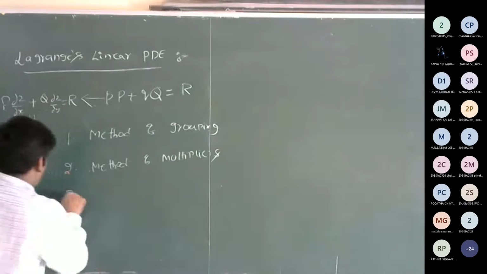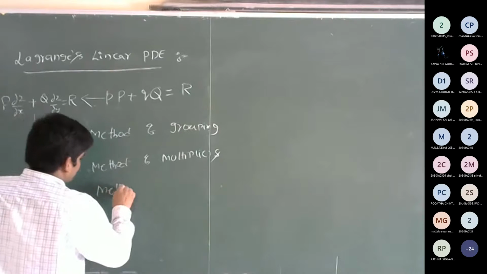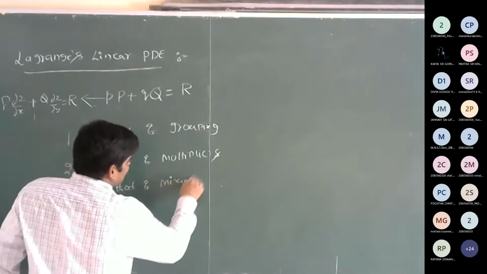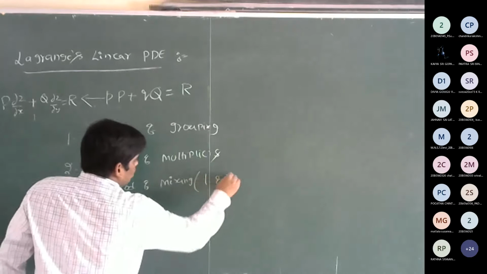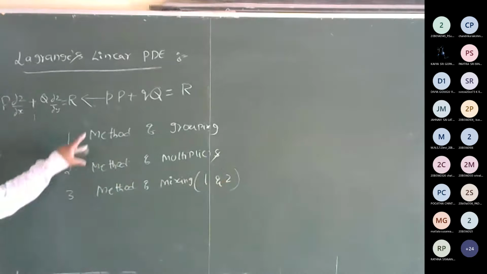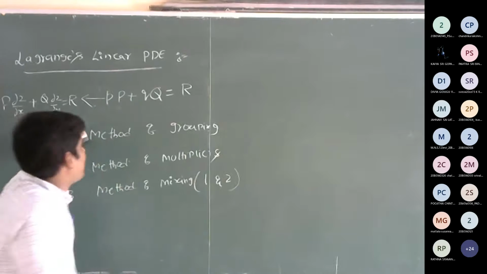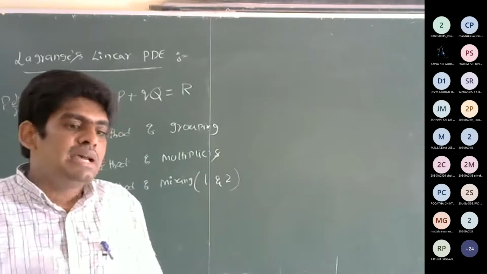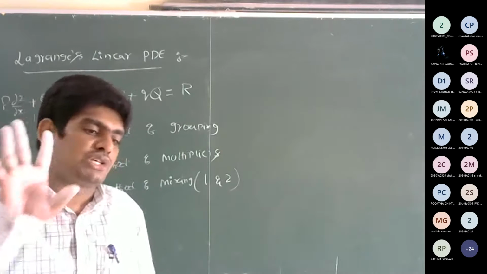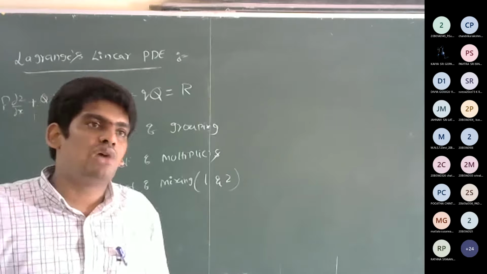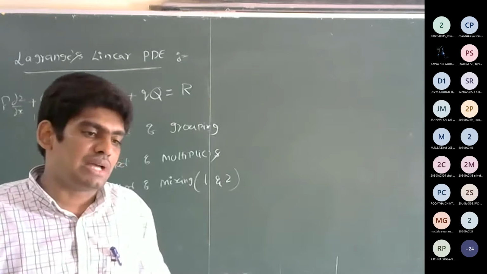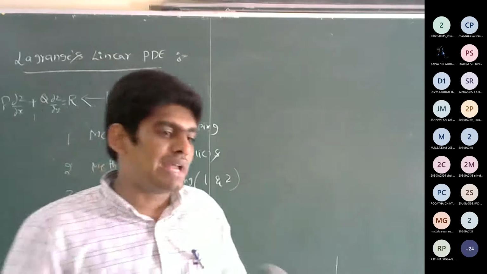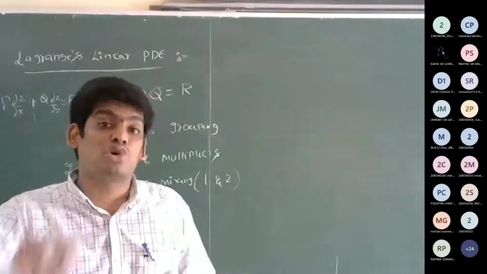So the next one is method of mixing. That means in this case we are using 1 and 2. Generally for the given Lagrange's form of partial differential equation, there exist at least 2 solutions. But here we have to calculate at least 2 solutions. More solutions also exist, but our aim is to estimate the 2 distinct solutions.